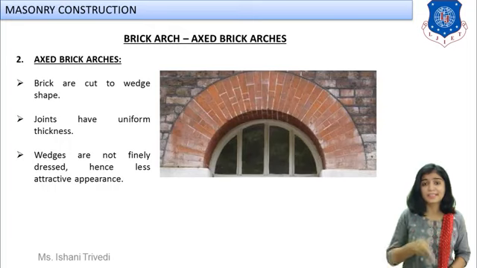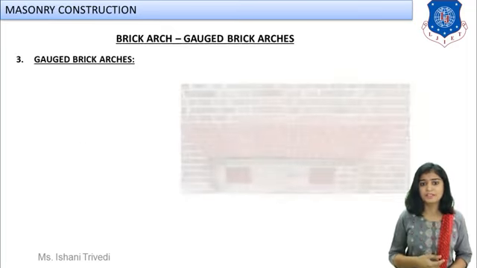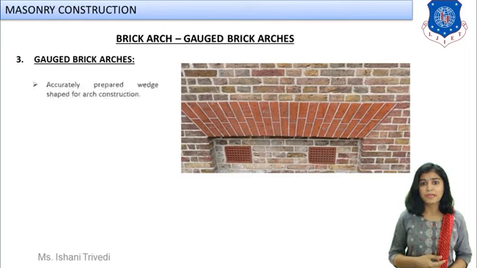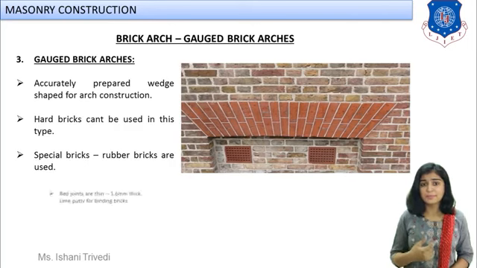It means you will axe the bricks, you will cut the bricks into the wedge shape and then your construction will be done. The third type of brick arch is gauged brick arches. Now, in gauged brick arches, exactly wedge shaped bricks will be used.